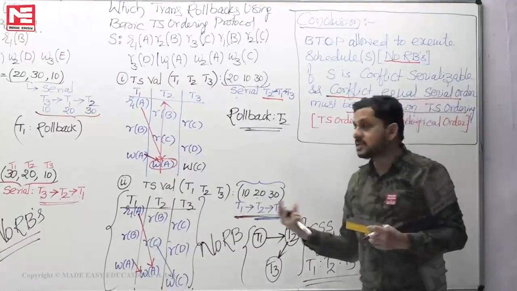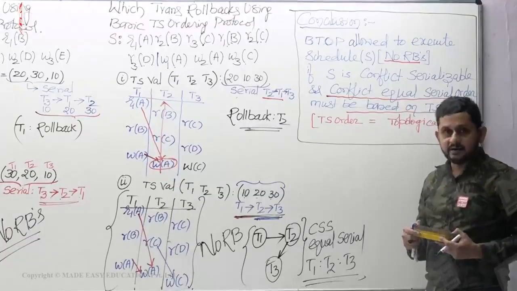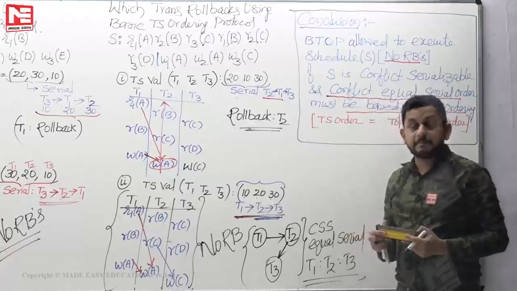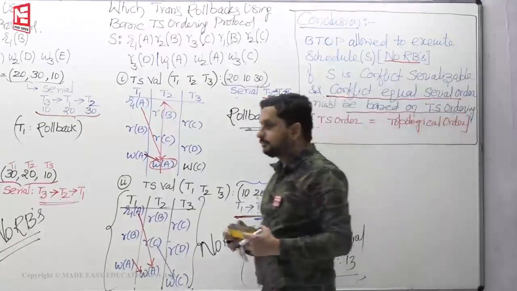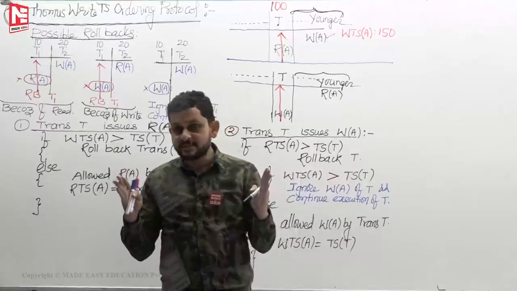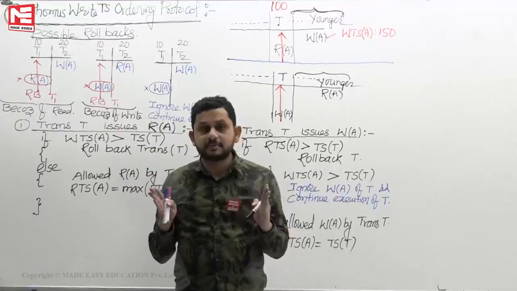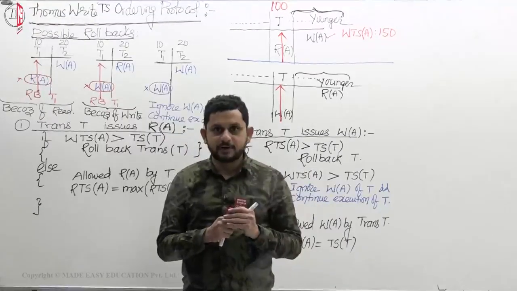So this is one protocol for timestamp ordering. The next protocol for timestamp ordering is the Thomas-Write timestamp ordering protocol. We discussed the basic timestamp ordering protocol. Next, the Thomas-Write rule timestamp ordering protocol.